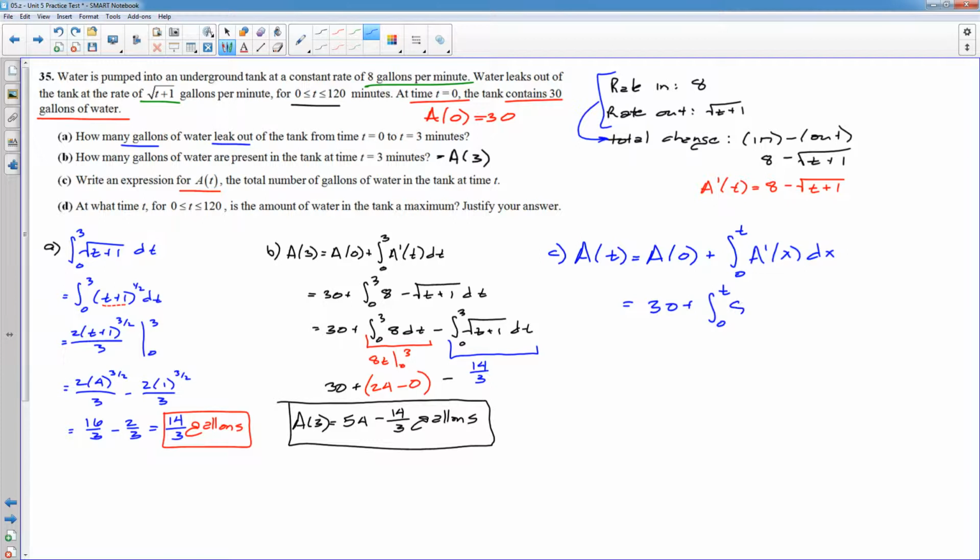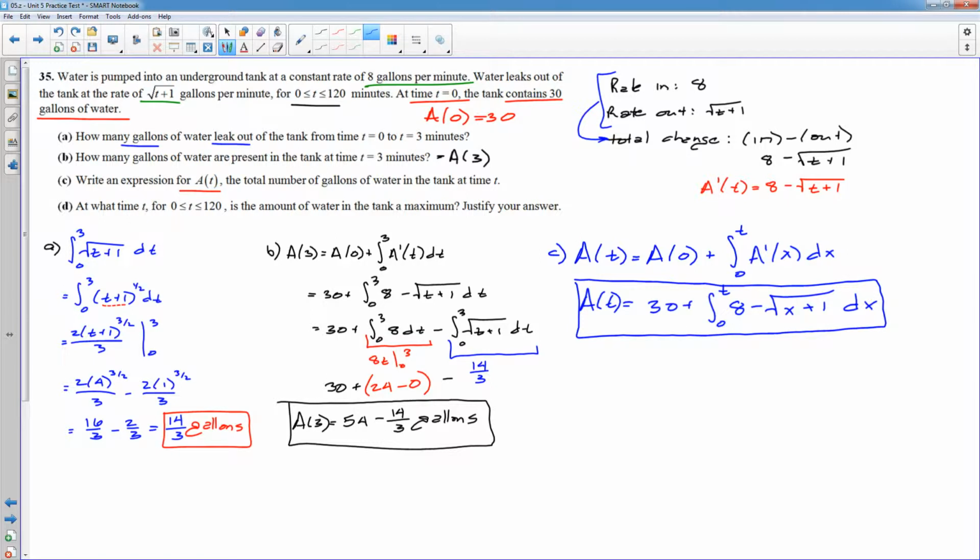And my A prime, I guess I'll go ahead and throw in the actual equation. 8 minus root t plus 1. Can't use t's. Has to be an x. dx. And that would be an expression that would give the actual amount of water in the tank.